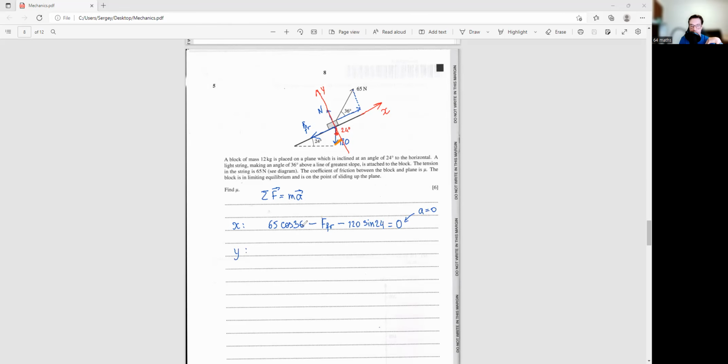Now on y-axis, we've got the normal reaction, N, again positive because it has the same direction as y-axis. We also have the y component of this 65 newtons force, which is here, and it's opposite of the angle of 36 degrees. So plus 65 sine 36.